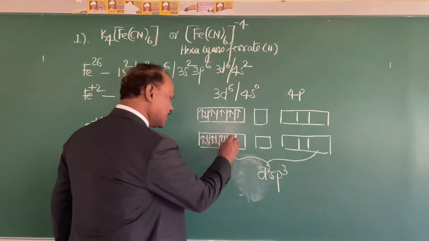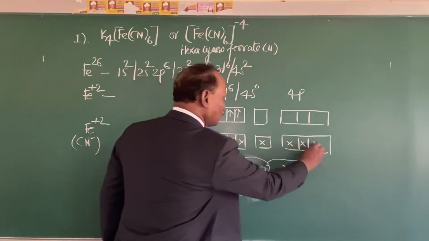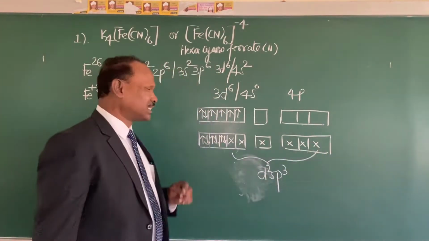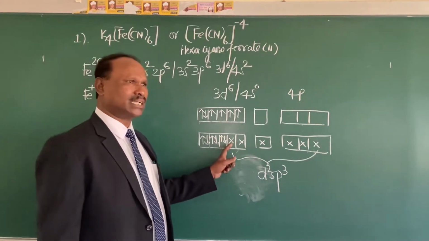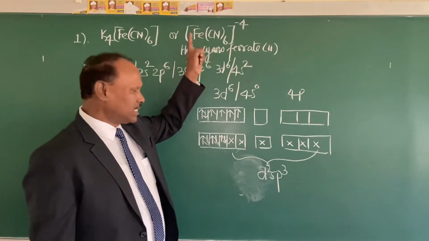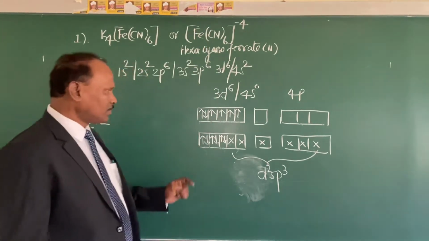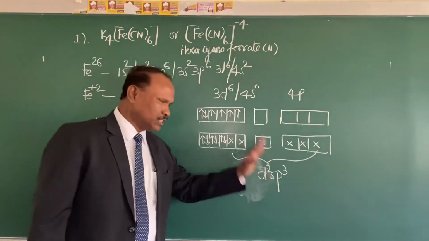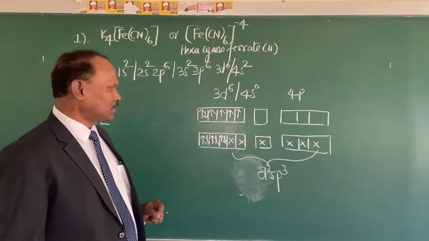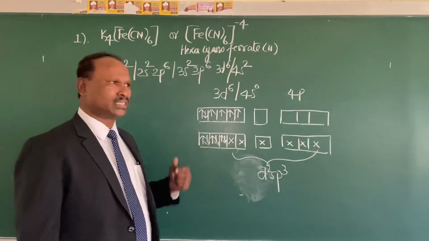Each cyanide ligand donates a pair of electrons like this and forms a coordinate bond. For simplicity, I have written X. X indicates a pair of electrons donated by each cyanide ligand. So now observe this complex. It has undergone d2sp3 hybridization. Then there are no unpaired electrons here.